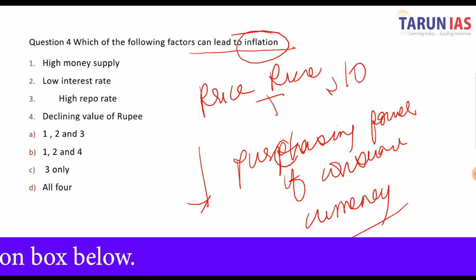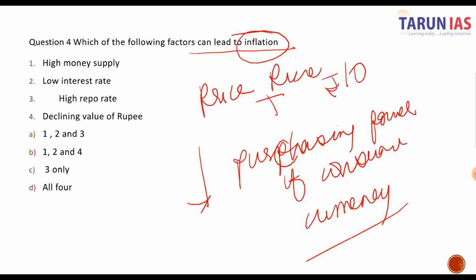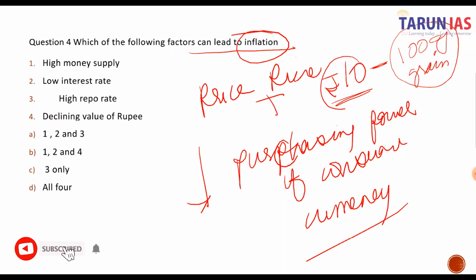Okay, let's understand this concept of inflation. Suppose I have 10 rupees. All right, and with 10 rupees I can buy 100 grams of grain. Now the price of this grain has increased, and consequently the purchasing power of rupee 10 has decreased.